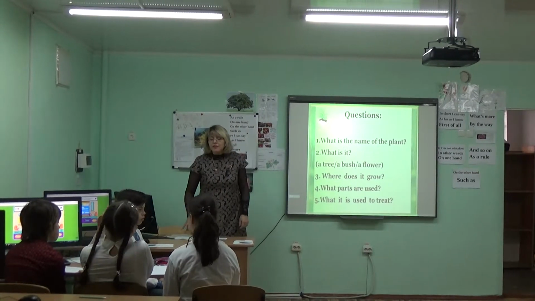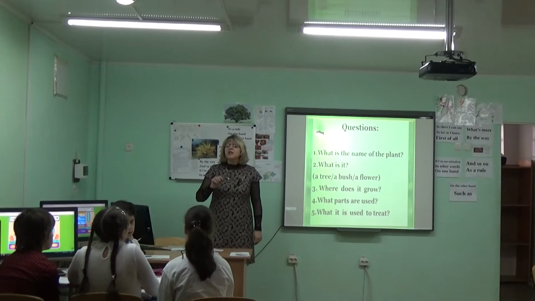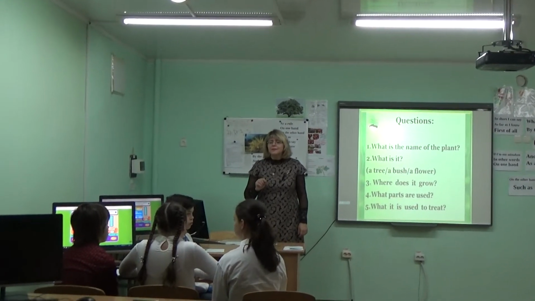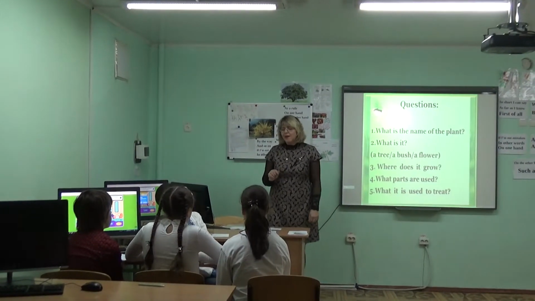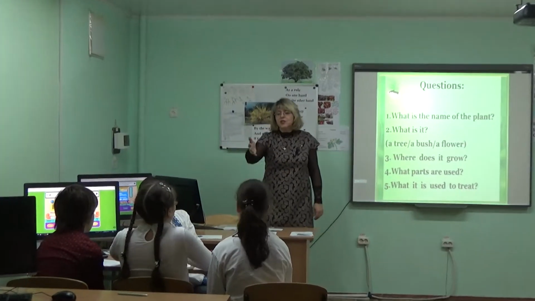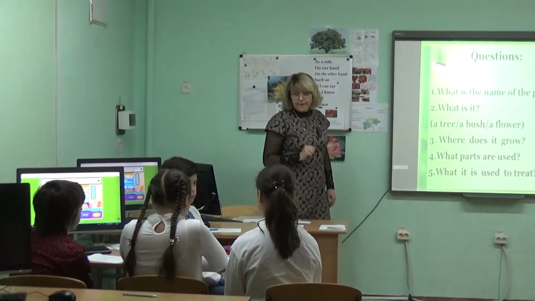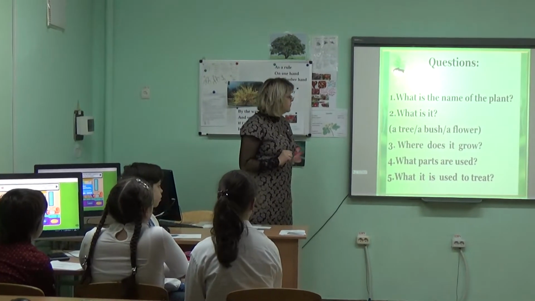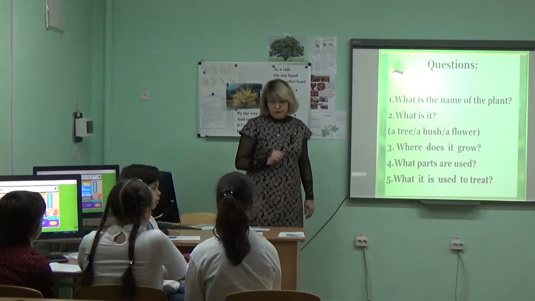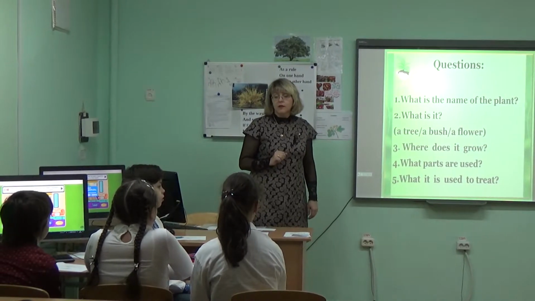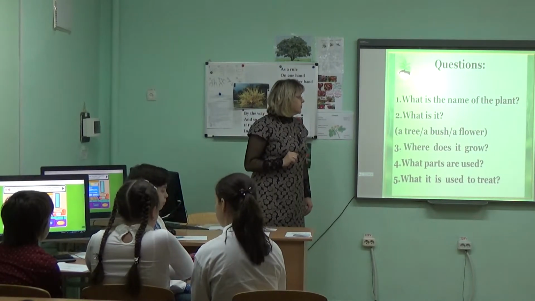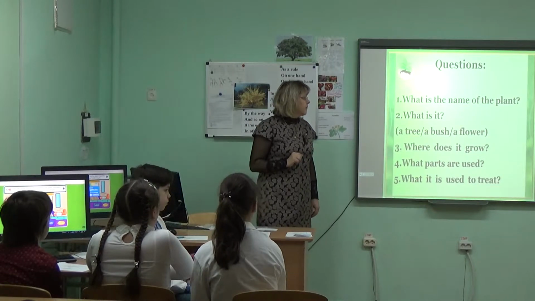Okay, team number 3. What is the name of your team? Bush, okay, fantastic. Bush is now first. The name of our plant is Rosa periwinkle. It is a small bush. It grows in Madagascar, in the rainforest.